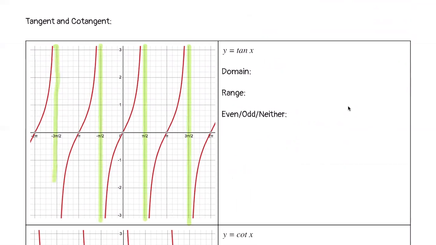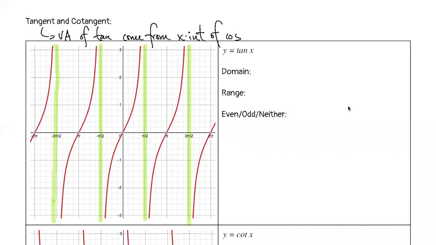So after I finish drawing this last vertical asymptote, let's go ahead and write out that the vertical asymptotes of tangent come from the x-intercepts of cosine, right? Because tangent is sine divided by cosine. So everywhere that cosine is 0, so is tangent.